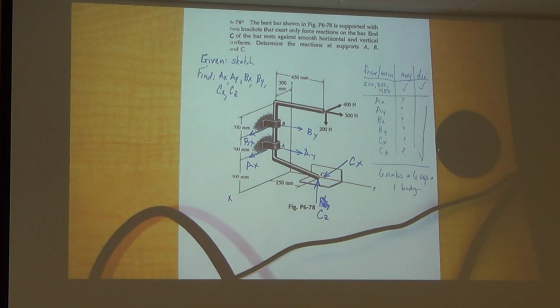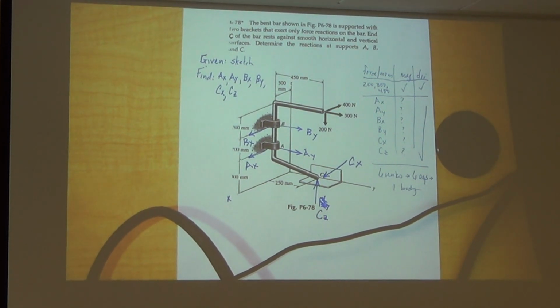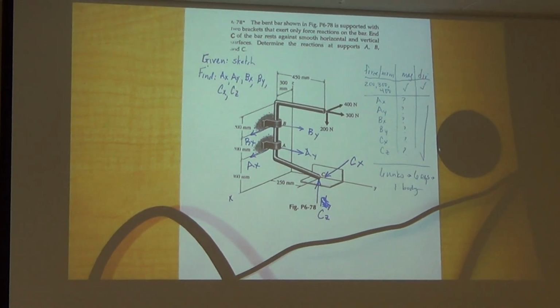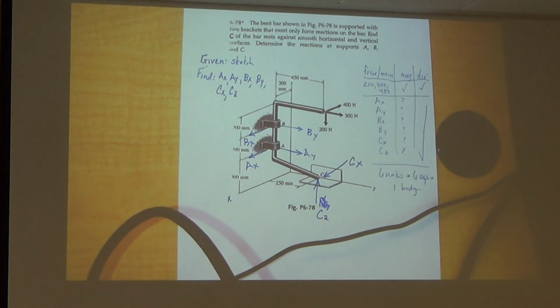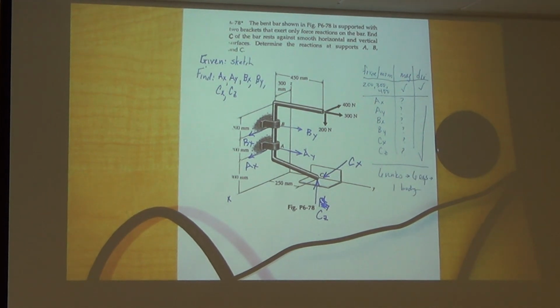So sum of the forces in the z equals. You don't have mass of the bar? So erase your 0. Let's put the 0 at the end. Nope, we're ignoring weight. So what do we have? What forces are in the z? CZ, and it's going in the positive direction.